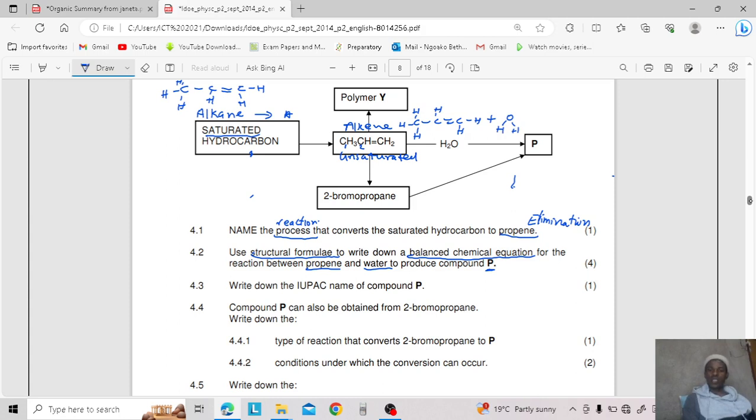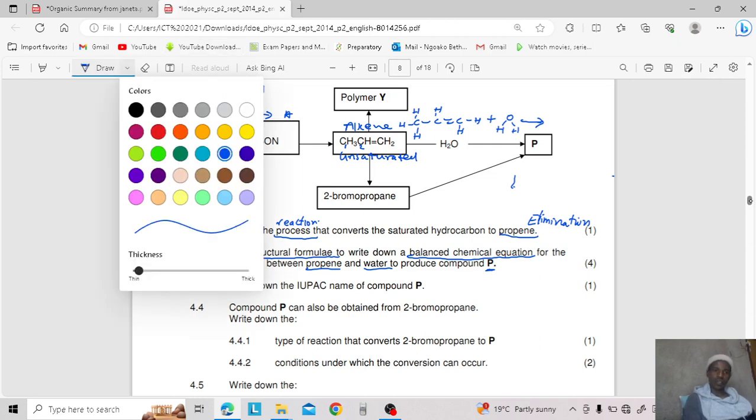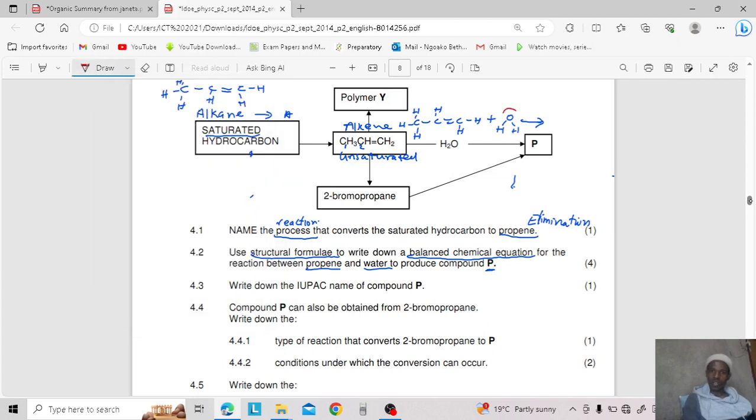Then, reacting with this H2O, it will produce, right, because it's an addition, OH like this, and another H coming to bond here. So let's write the structure.